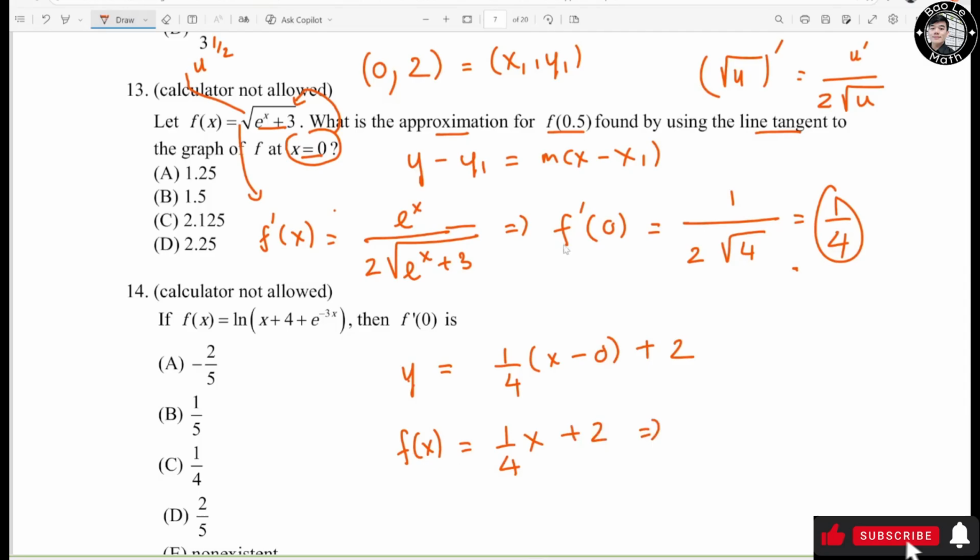Now I use this to calculate f of 0.5. So f of 0.5 equals 1 over 4 times 0.5, which is 1/2, so 1 over 8, plus 2. So it's going to be 17 over 8, which is actually 2.125. So the answer must be C.